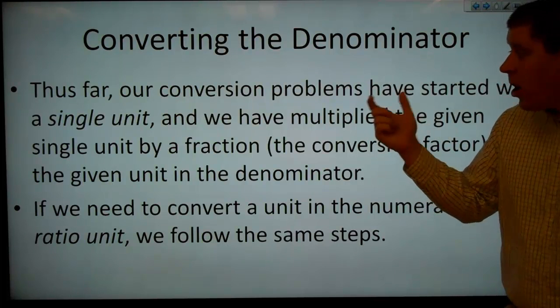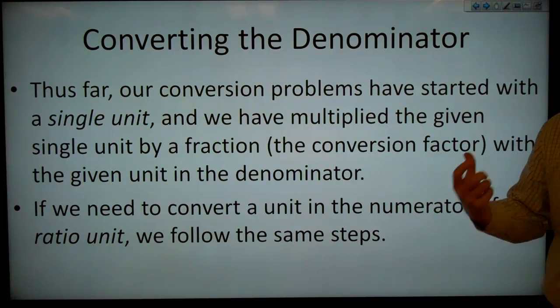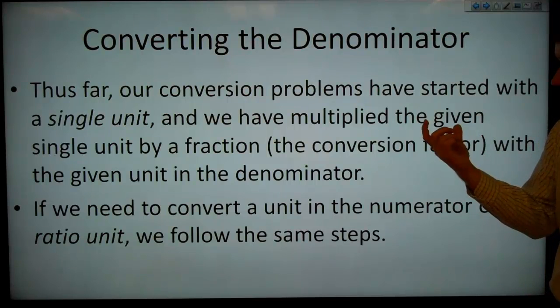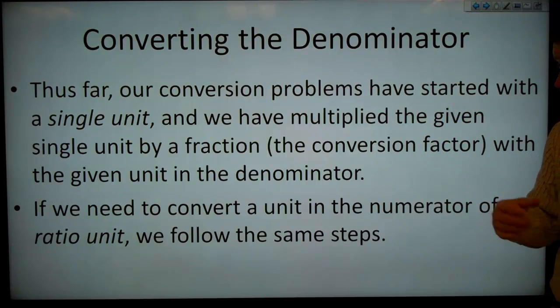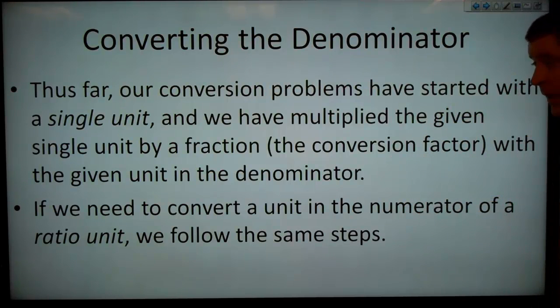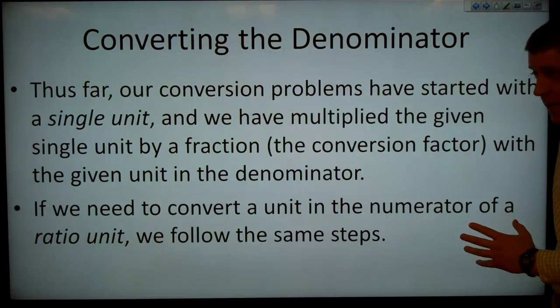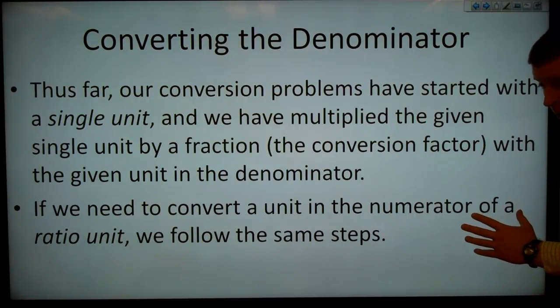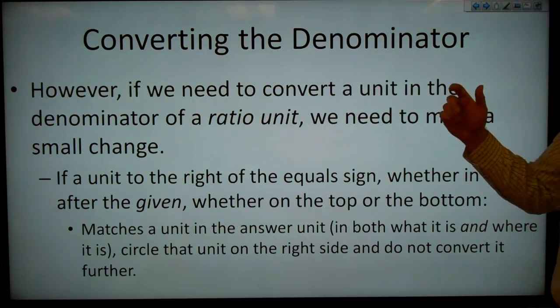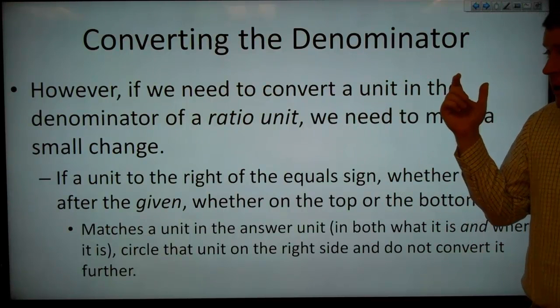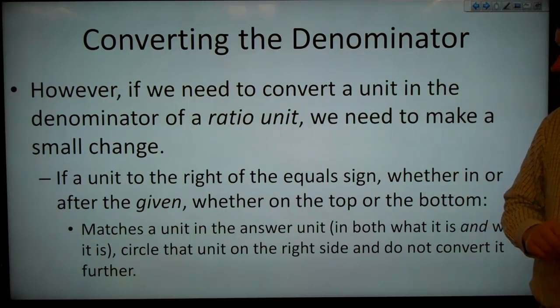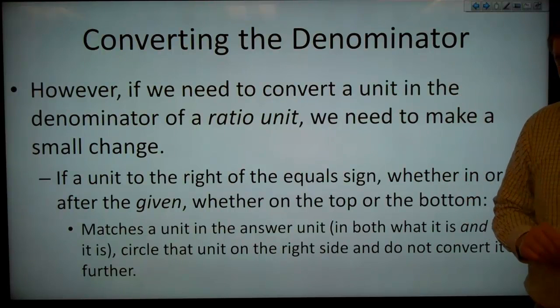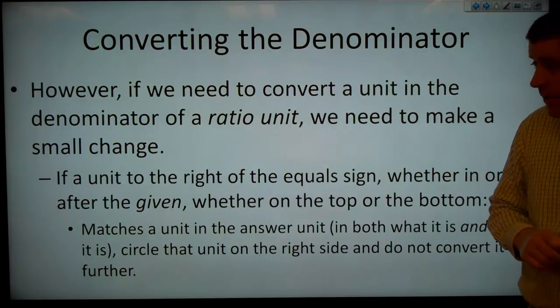So thus far, our conversion problems have started with a single unit, and we've multiplied the given single unit by a fraction, our conversion factor, with the given unit in our denominator. But if we need to convert a unit in the numerator of a ratio unit, we follow the same steps. But if we need to convert a unit in the denominator of a ratio unit, we need to make a small change to what we've already discussed.